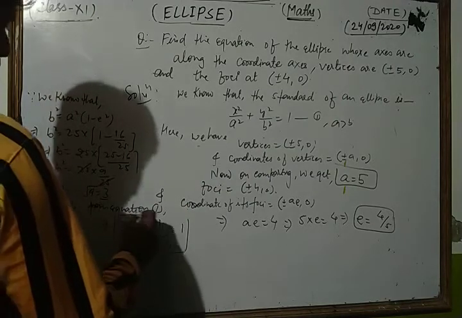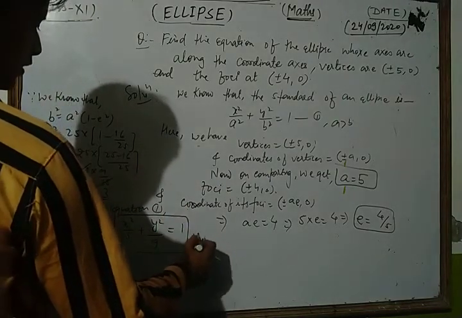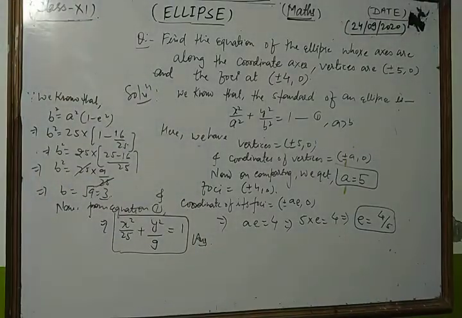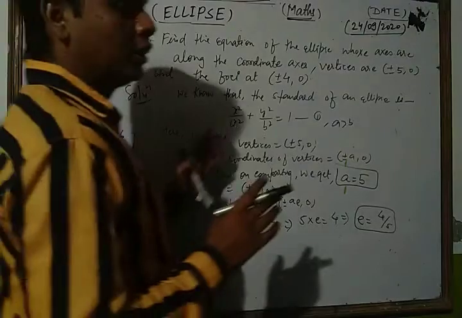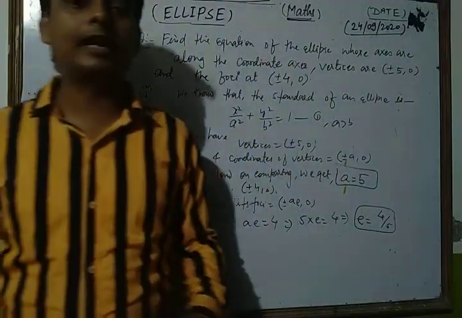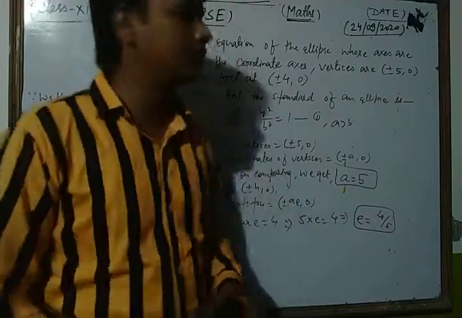This is our required equation of an ellipse. Thus, dear students, in this way you can solve that type of question. Now we take one more question based on ellipse. After that, that topic is completed.